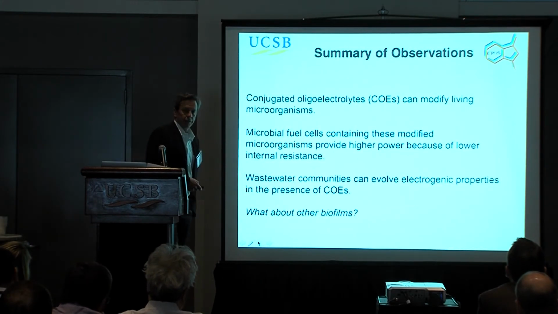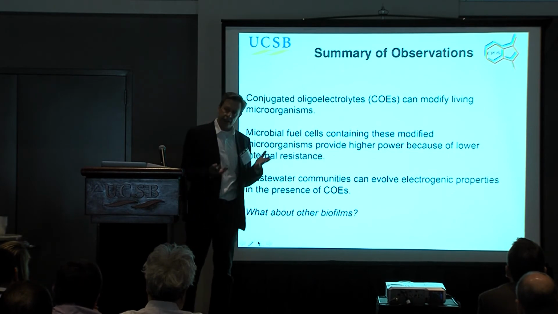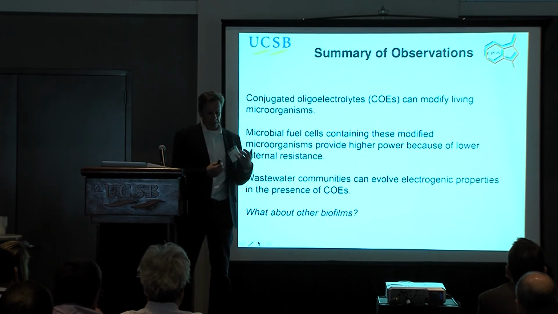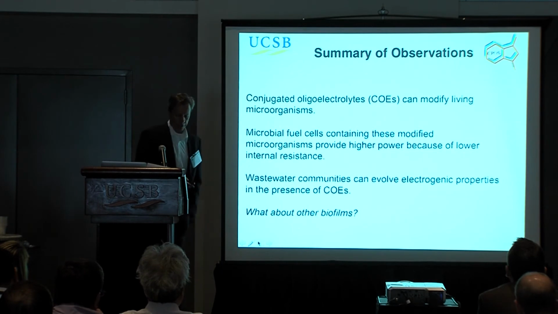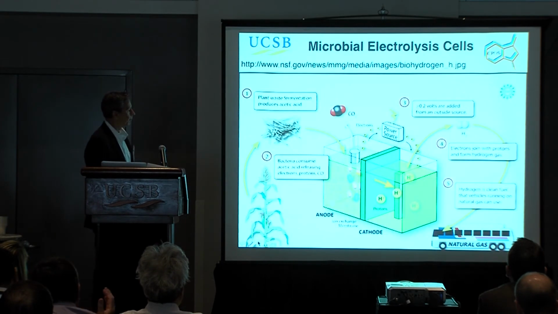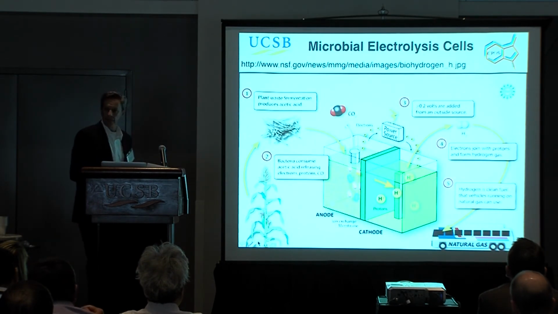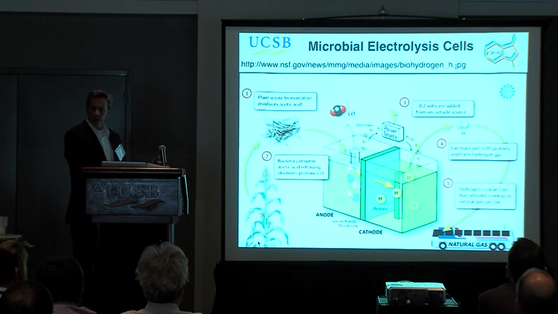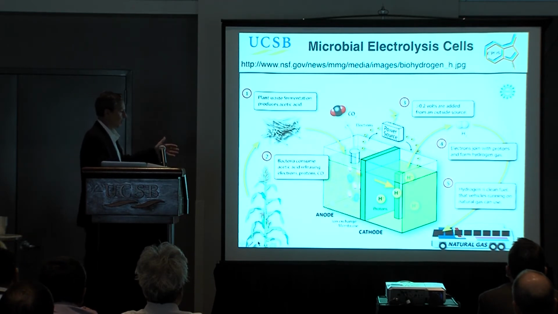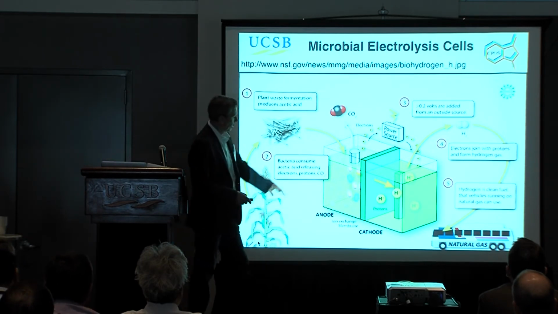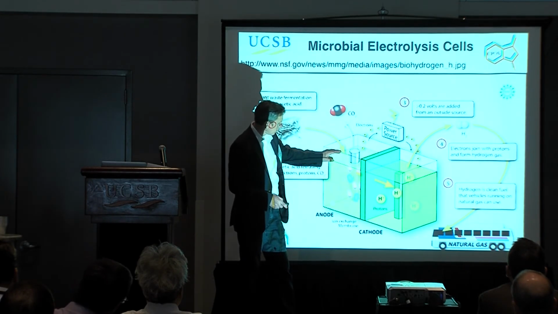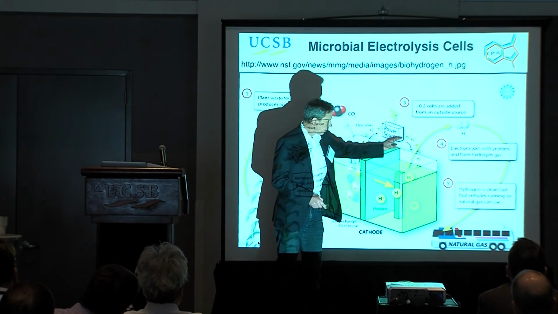What about other biofilms? What other systems can we look at to test whether this is general or not? And I'm going to borrow this slide from NSF, which is very similar to the wastewater microbial fuel cell I just discussed. We add waste. In this case, they want to use some kind of agricultural waste in an anaerobic chamber. And then you're going to create a current.